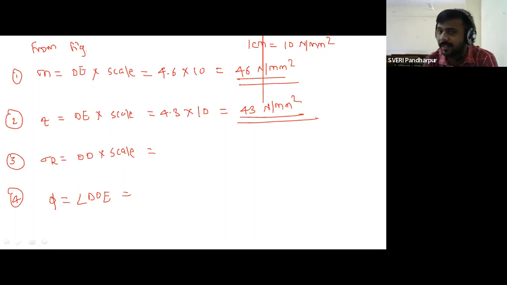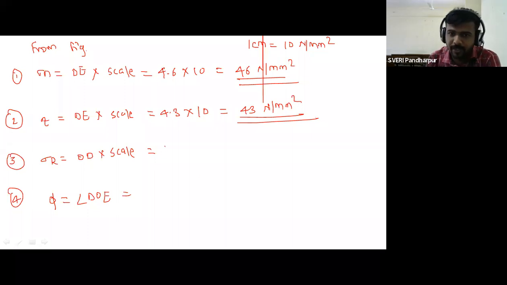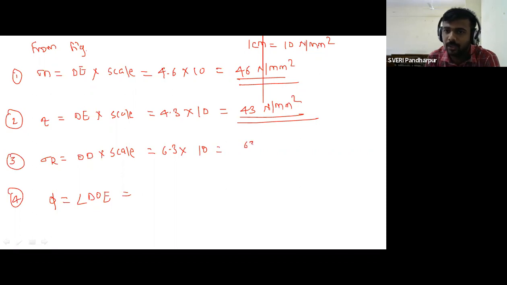How you are drawing that inclined line also makes your answers vary. So I will take 6.3 into 10, which is equal to 63 Newton per mm square. Whatever answer you got, you can write, no problem, but try to measure the distances properly.